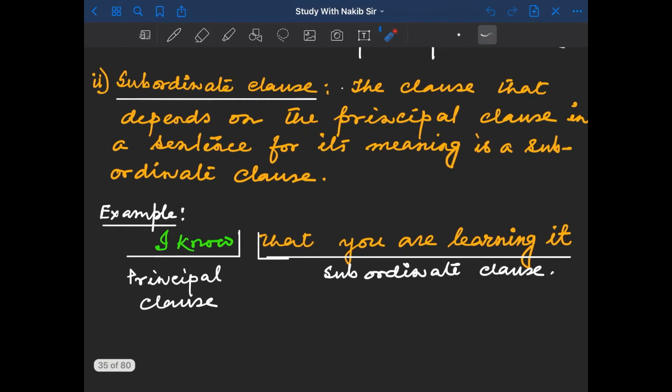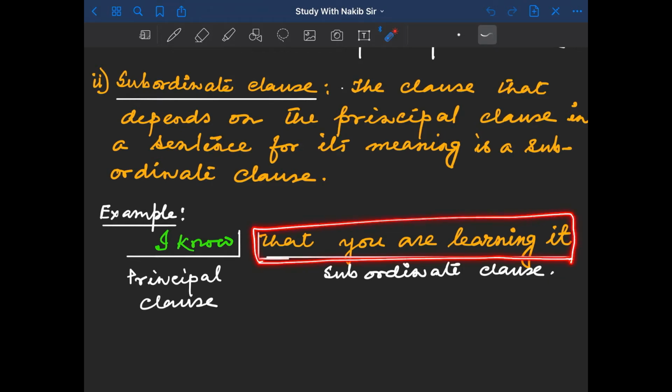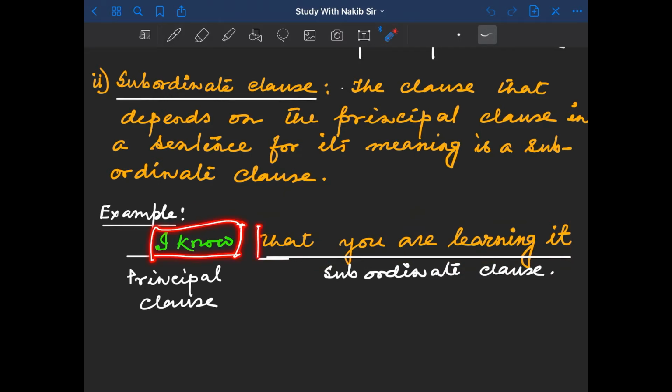I know that you are learning it. "That you are learning it" is a clause, but for the completion of its meaning, it has to depend on this part, "I know." So this is a subordinate clause, or dependent clause, and this part, "I know," is a principal clause, because the subordinate clause depends on it for its meaning.